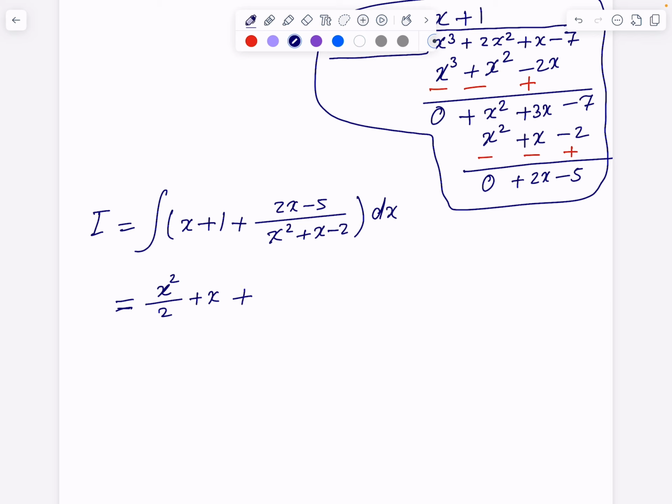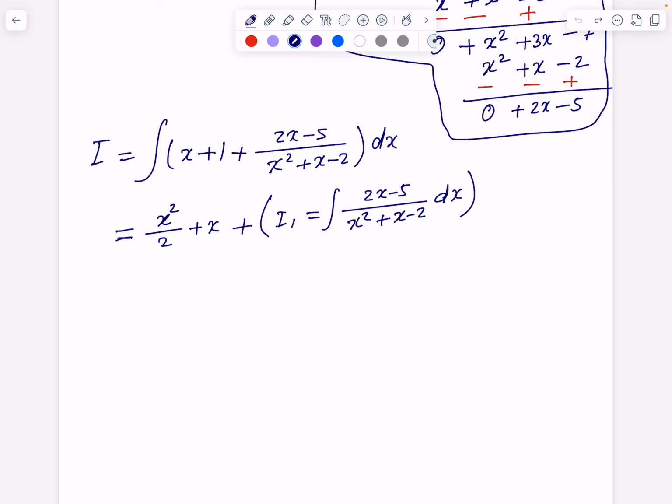Plus the integral of this one, let's call this one I1, being equal to this integral of 2x minus 5 over x squared plus x minus 2, multiplied by dx. Since we called this one I1, now let's solve for I1.